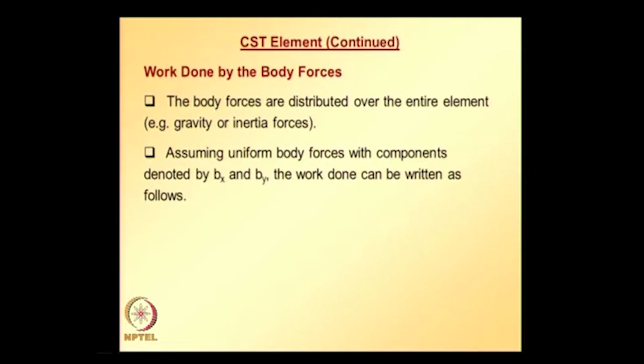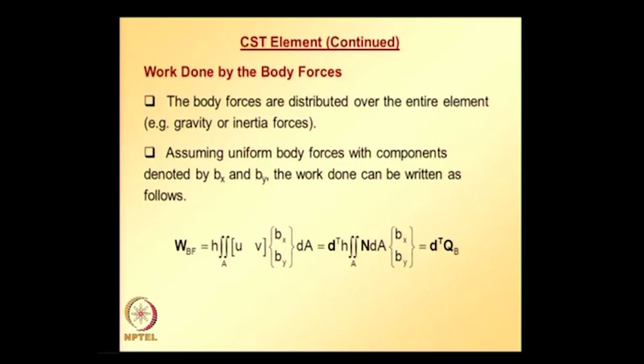Work done due to body forces is written as W subscript Bf, where Bf stands for body forces. Again the same logic: displacement component times force acting in that direction.